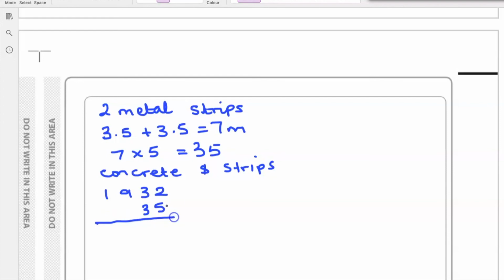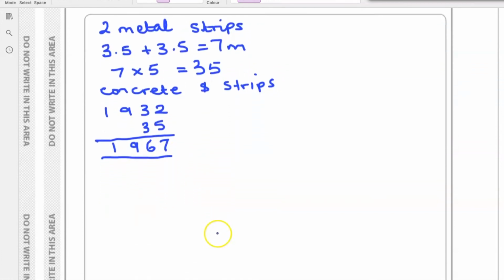You can easily put this in your calculator and find the answer, but we can do 2 plus 5, 7, 3 plus 3, 6, 9 plus 0, 9, 1 plus 9. So your answer is 1967 kilograms.